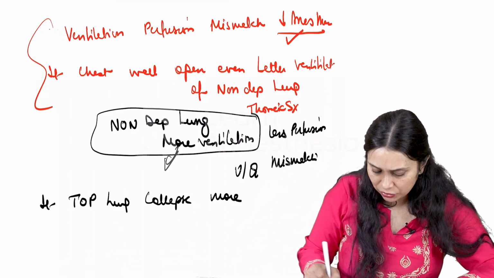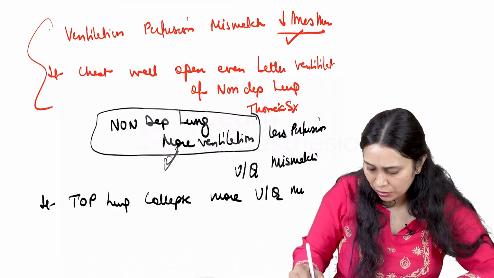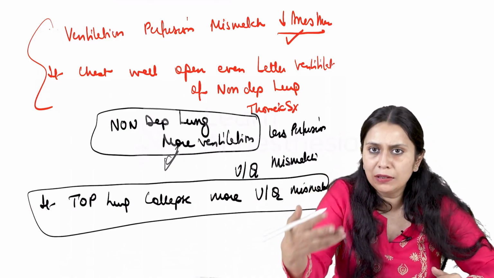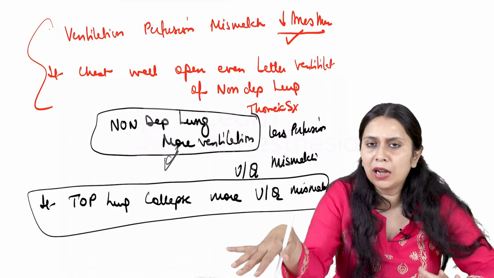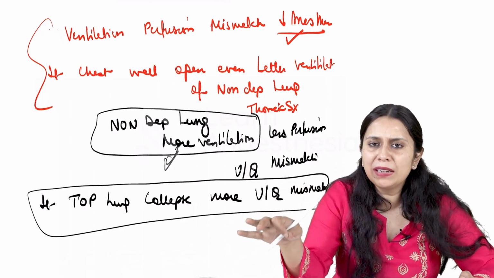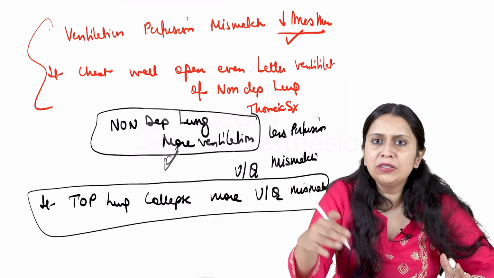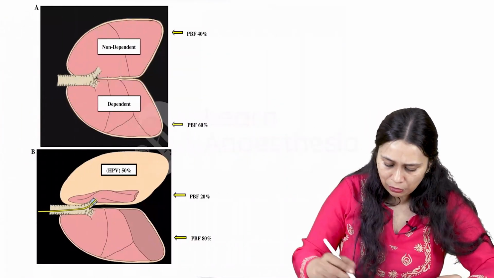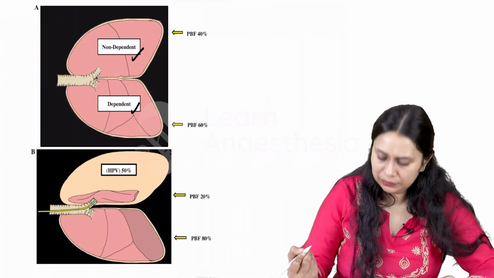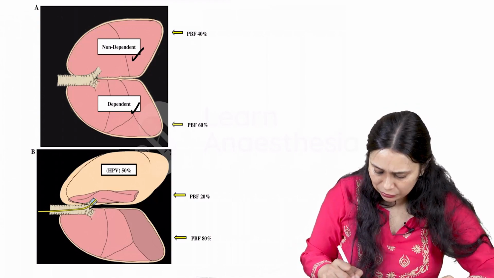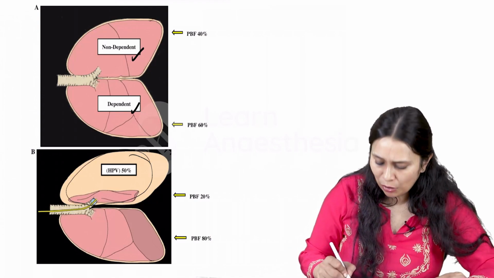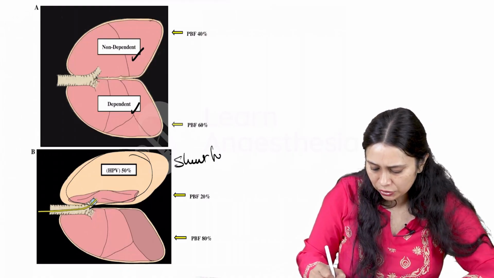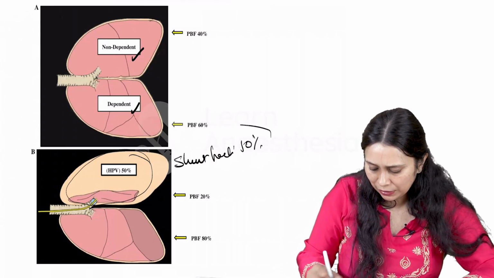If we just see the mathematics, according to the collapse of one lung and ventilation of only the other lung, this simple mathematics tells us that the shunt fraction should become 50%. If the non-dependent lung is collapsed, that lung is not getting any ventilation, so the shunt fraction should be 50%.